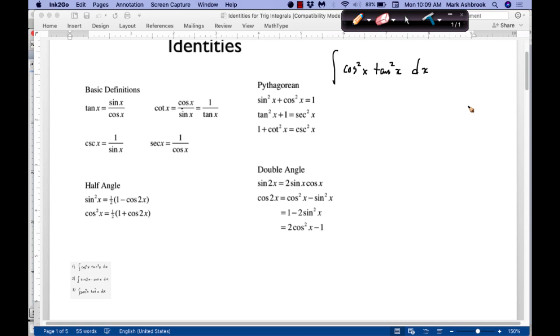So what can we do? Look at our list of identities, or is there any algebra we can do to change the form of this?